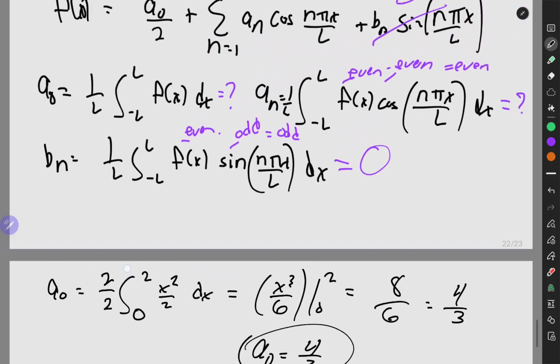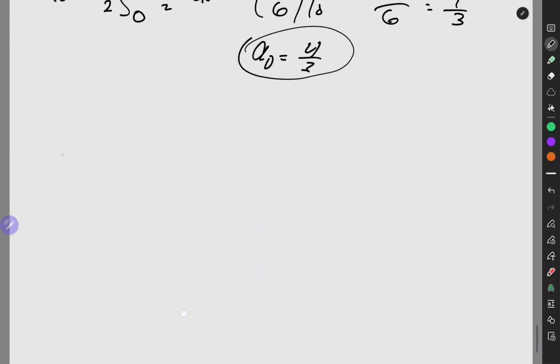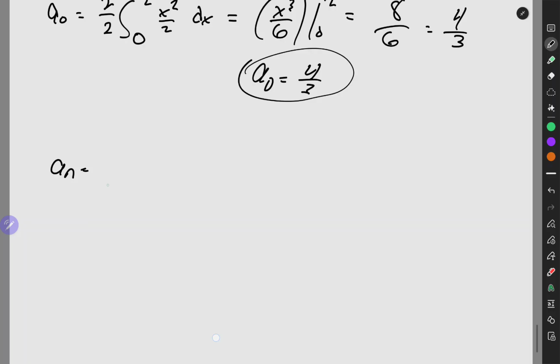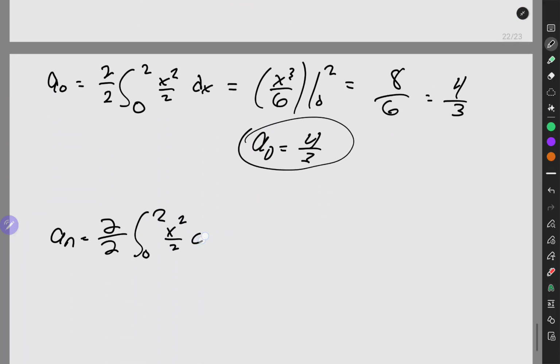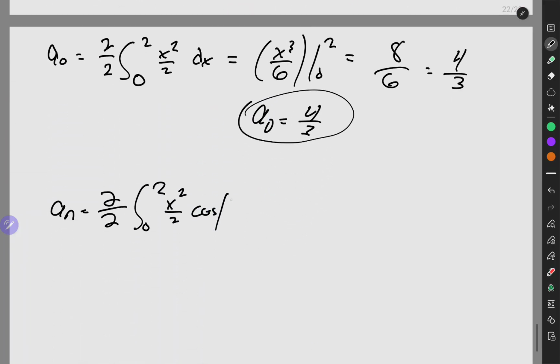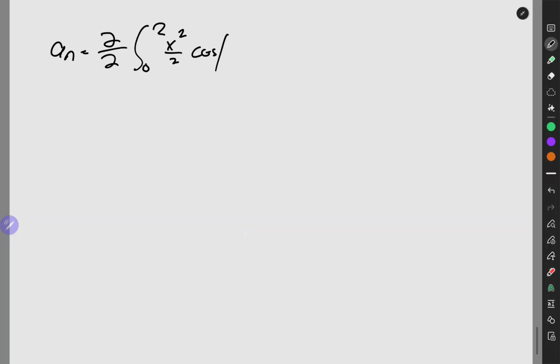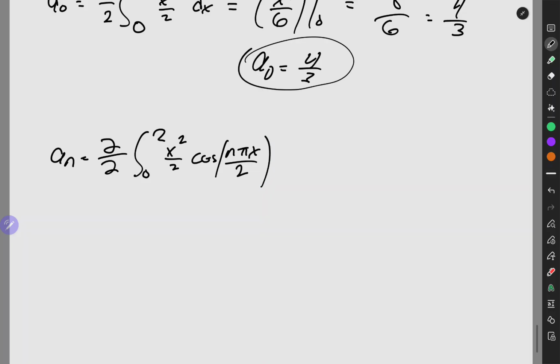Let's look at, what else do we need? A sub n. Let's do the same thing over half the range. This is cosine of n pi x over 2. Oh, man.